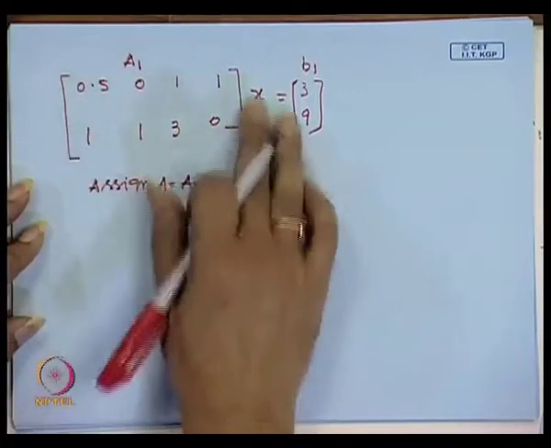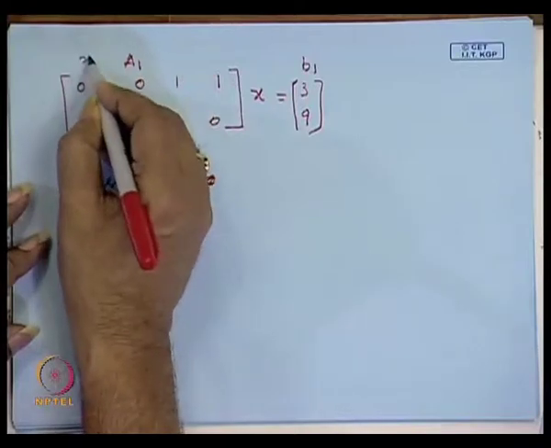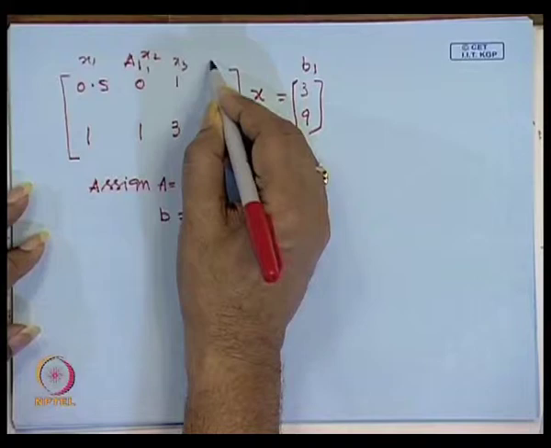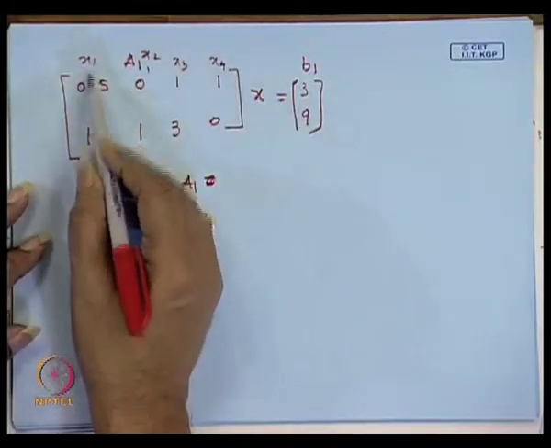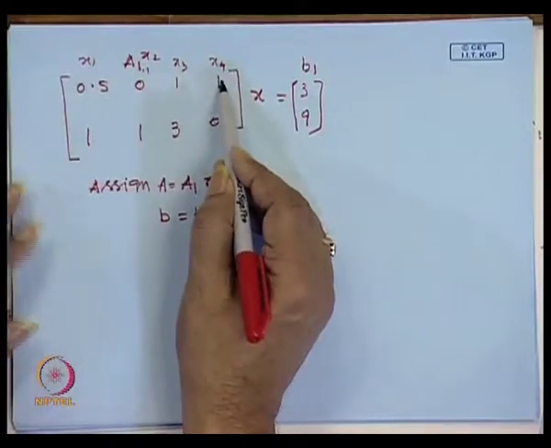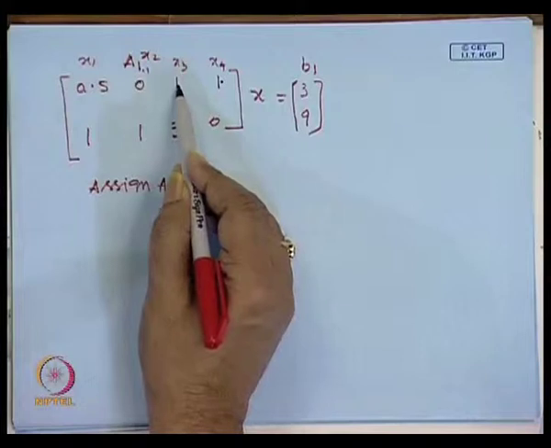So, now what you have to do next? You know at this point this is our x 1, this is x 2, this column corresponds to x 3 and this column x 4. So, x 1, x 2 and your x 4 are your basic variables, x 1 and x 4 are the non basic variables.